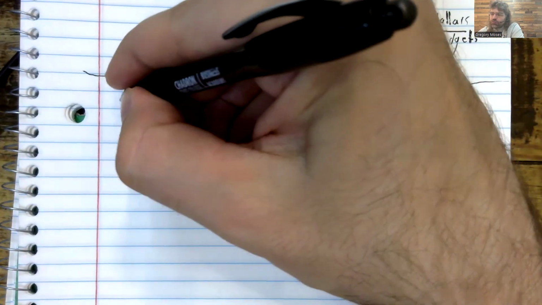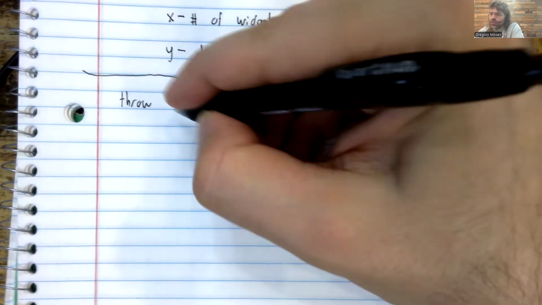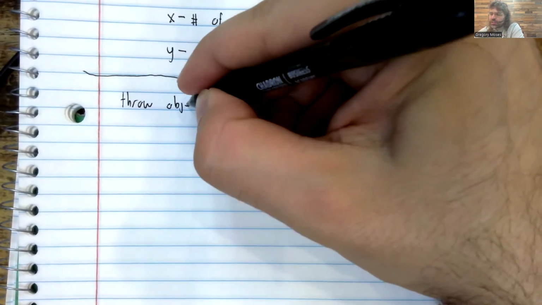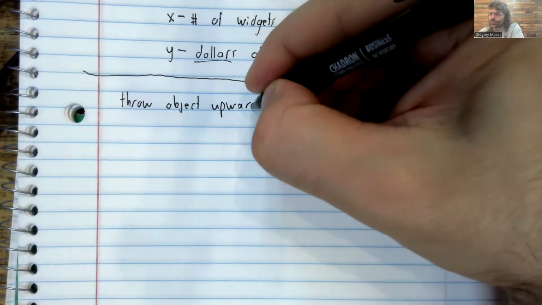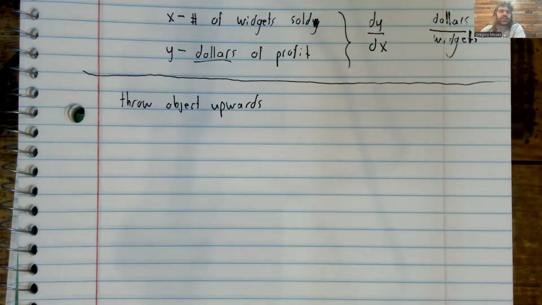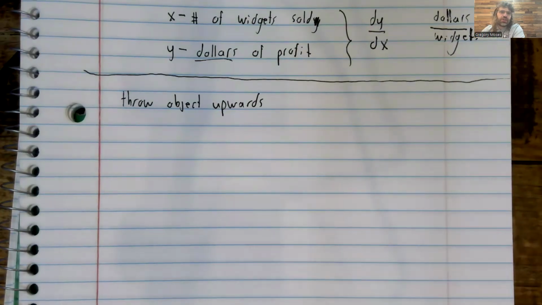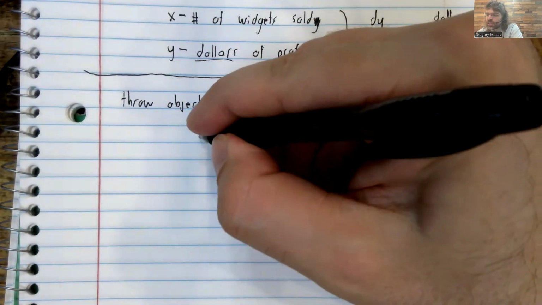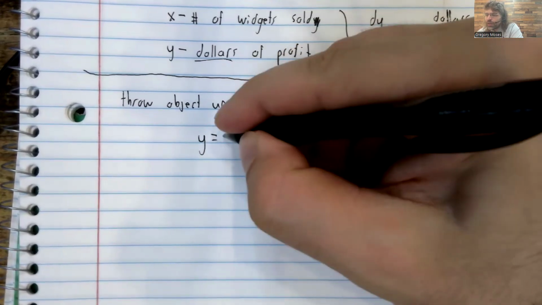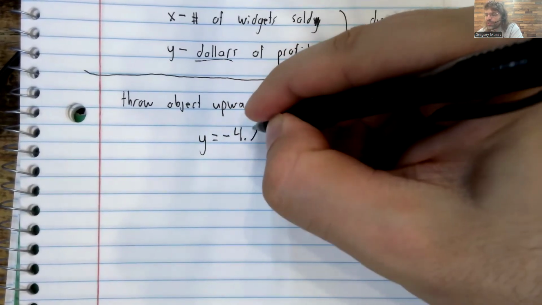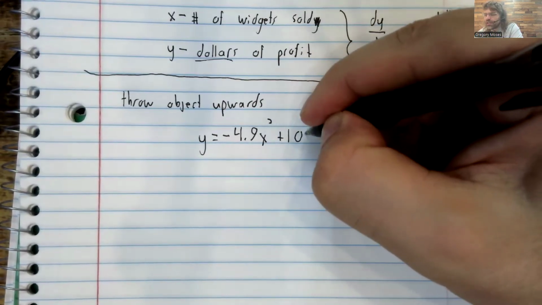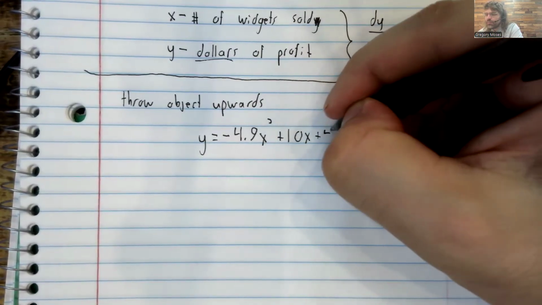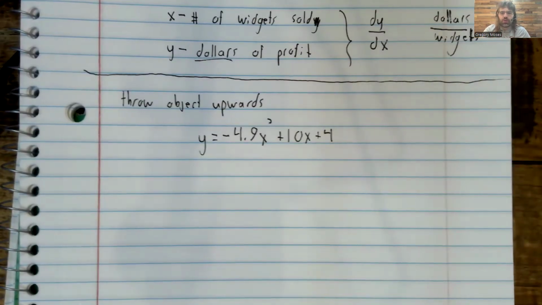But if you throw an object upwards, you might get a function or an equation like this. y equals negative 4.9 x squared plus 10x plus 4.